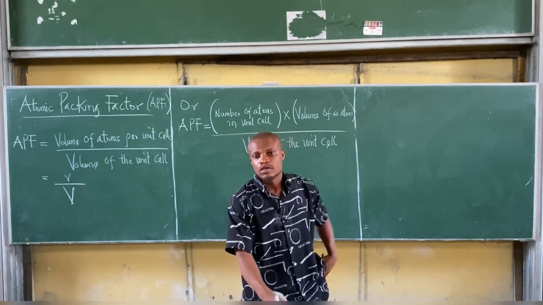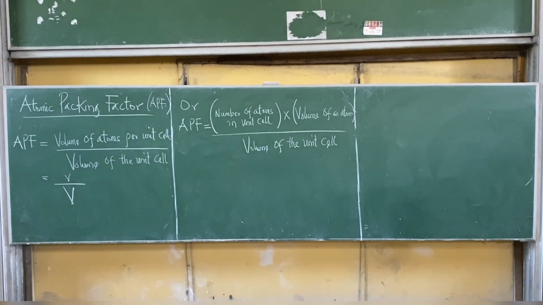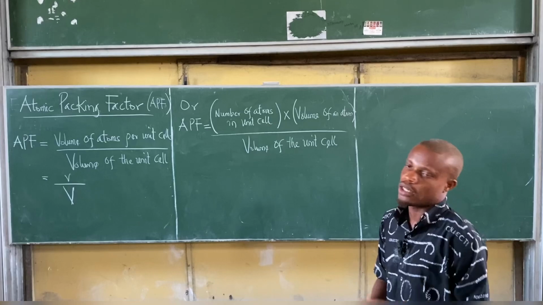That's that: number of atoms times volume of an atom divided by volume of the unit cell.